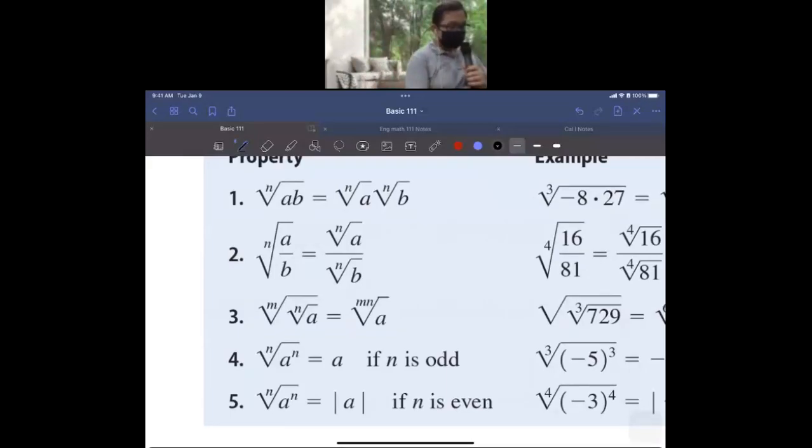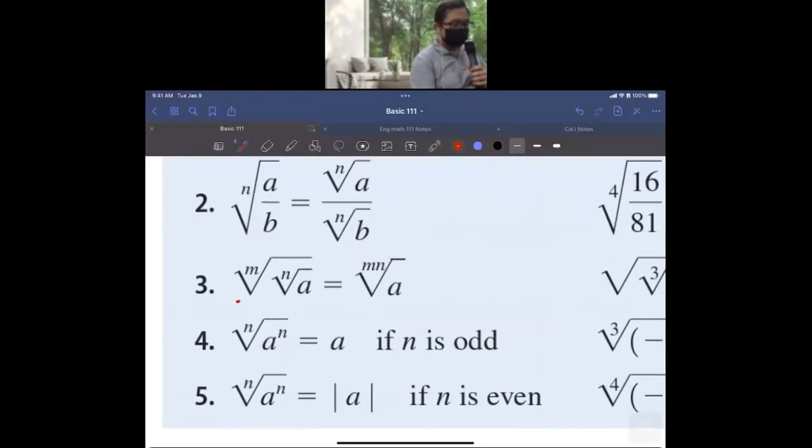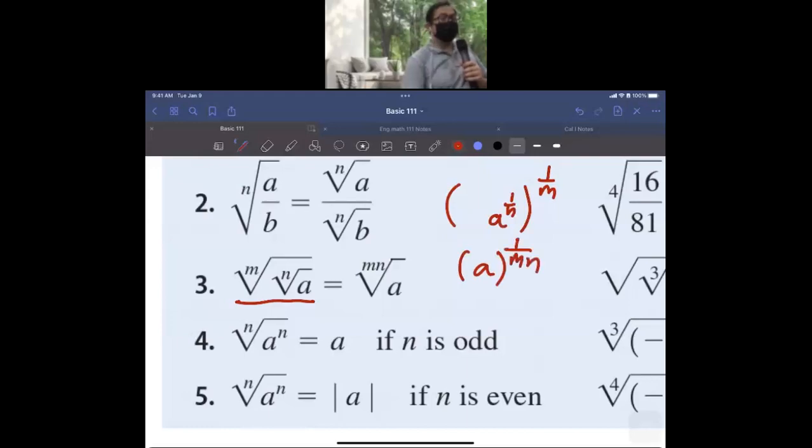For example, this part here, you can say that this a is 1/n, and then it's going to be 1/m like that. So we could just take multiplication and make it mn. So it's not too different from the exponent, as long as your definition at the beginning is consistent. So that's the principle.